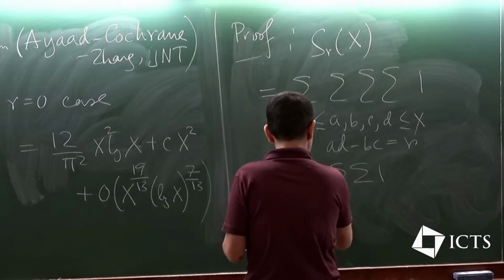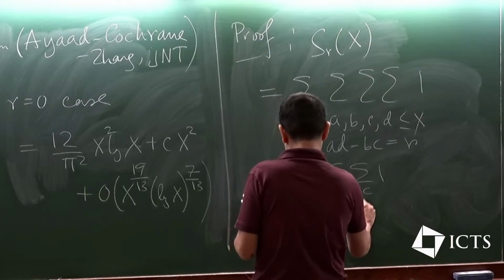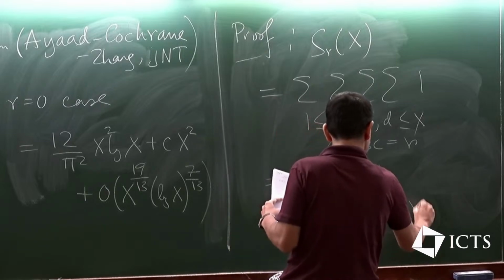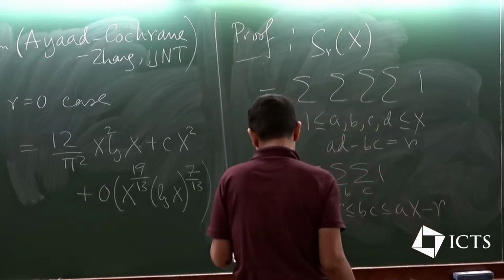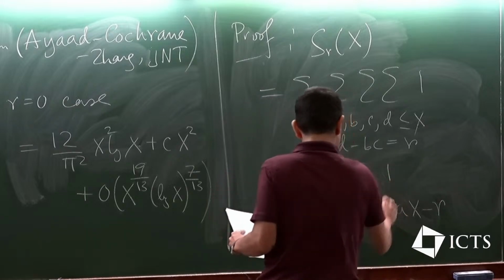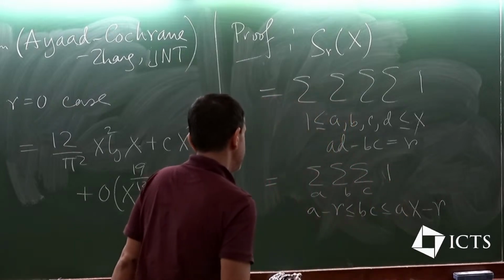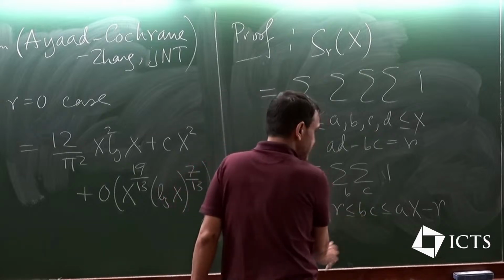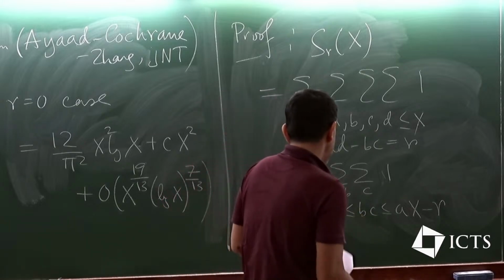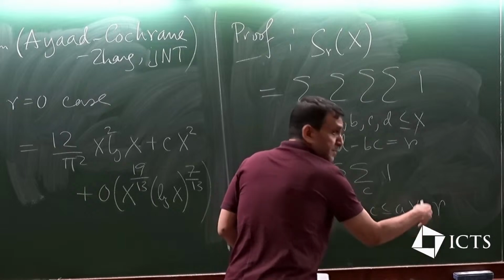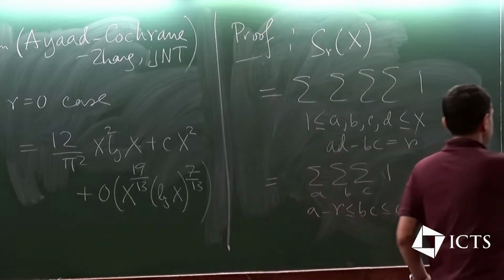So sum over A, sum over B, sum over C, AX minus R less than or equal to BC less than AX minus R. So I've eliminated D, the size of D will be here.